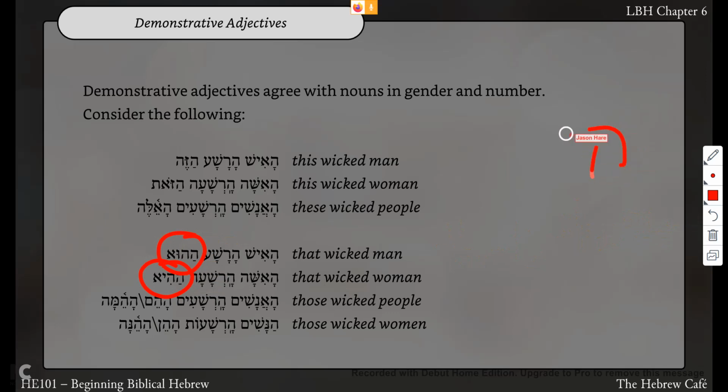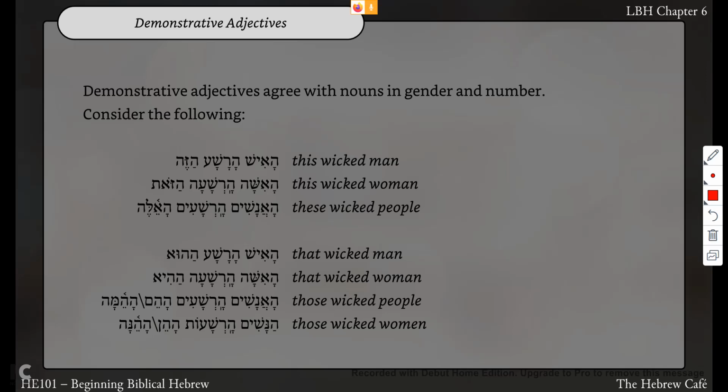You should know that hu is the word he, like him, and hi is the word she, like for a female. So when we say ha-hu and ha-hi, it means the she or the he, the that. It's the one over there. Kind of a funny way to say it, but that's how it's handled in Hebrew.